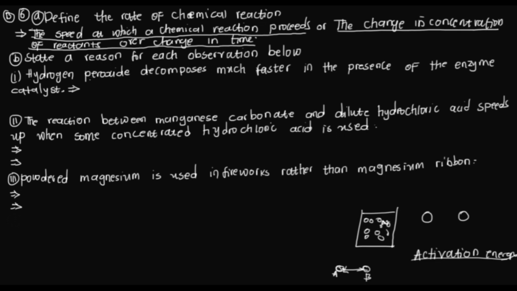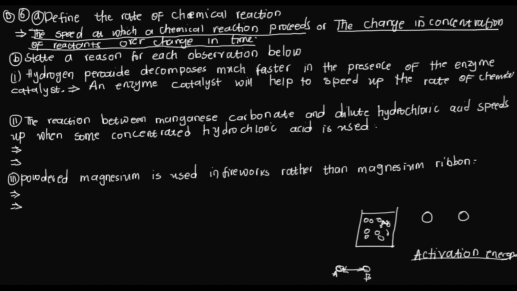So we can say an enzyme catalyst will help to speed up the rate of a chemical reaction by reducing activation energy.